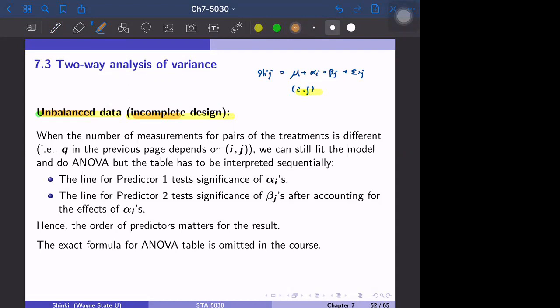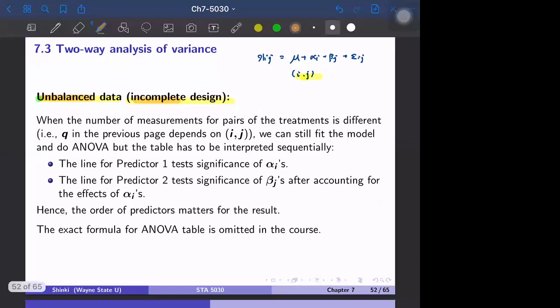When the number of measurements for the treatment pairs is different, we can still fit the model and do ANOVA, but the interpretation of the ANOVA table has to be different, and it should be sequential.